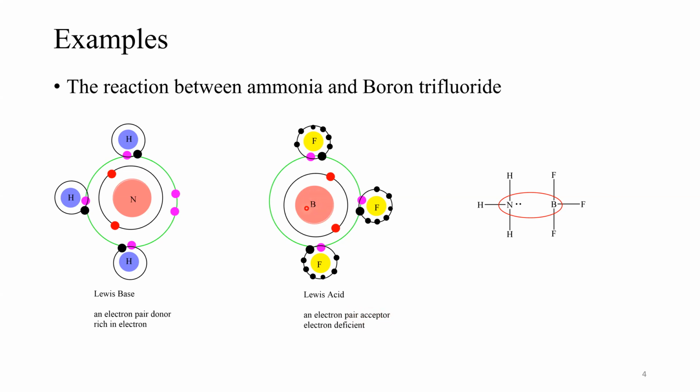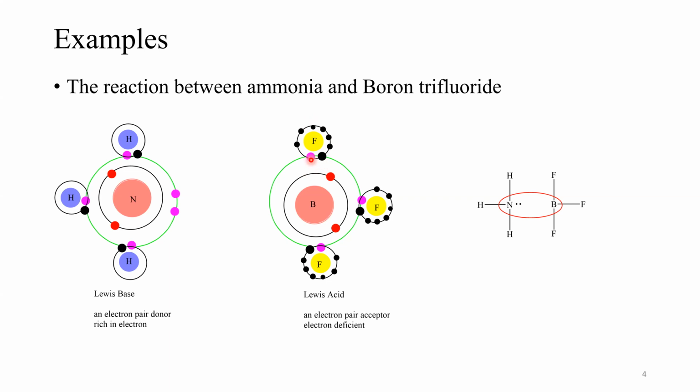If we look at the boron, it belongs to the third group, right? And it has 3 unpaired electrons in its outermost shell. Now there is fluorine, which belongs to the seventh group, and it has 7 electrons in its outermost shell. These black electron dots give you the idea about the electrons of fluorine, from the 7th group, the halogen group, and this is the most electronegative element of the periodic table.